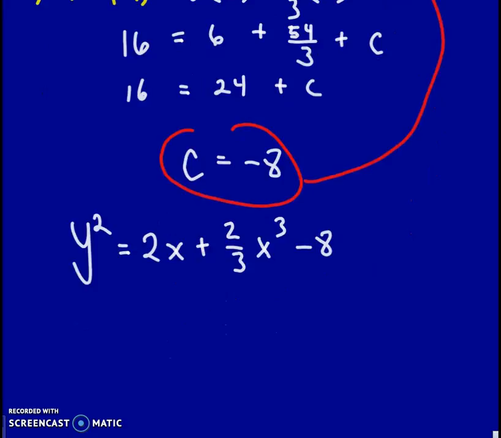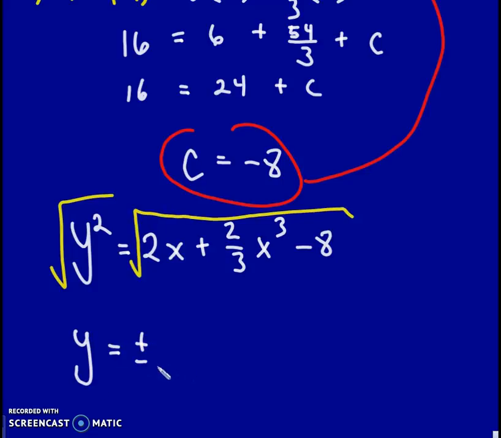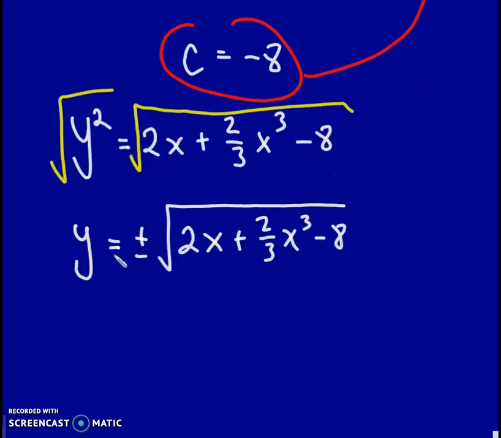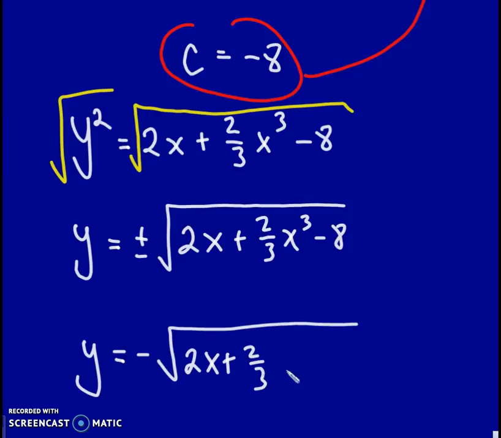When we take the square root of both sides now, we get y is equal to plus or minus the square root of 2x plus 2/3 x cubed minus 8. Now the answer is actually the minus. After all that, we have y equals negative radical 2x plus 2/3 x cubed minus 8, and that's the final answer.